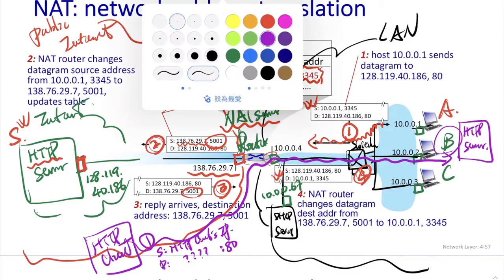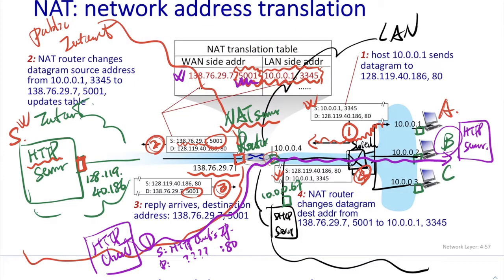So here we would like to introduce another table called the port forwarding table. Again, the port forwarding table is very similar to the NAT translation table, but as I mentioned before, in the NAT table the entry is created when the first packet goes out from the private network to the public network.